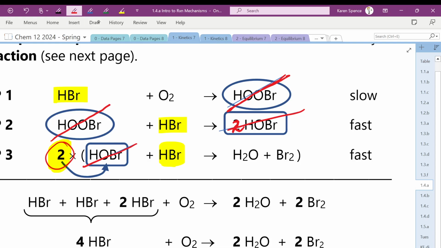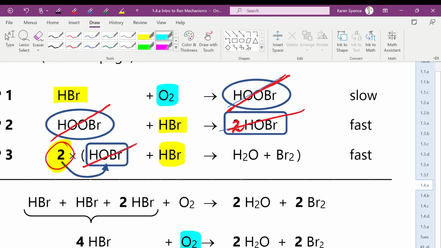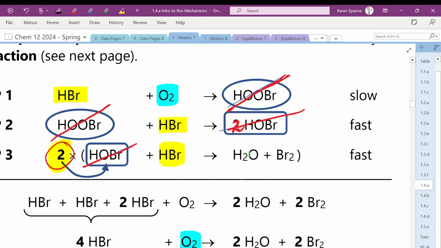And then we have an O2, just 1 O2. On the right-hand side, we have a water, but we also have this 2 that's multiplying the entire equation, so we have 2 waters.